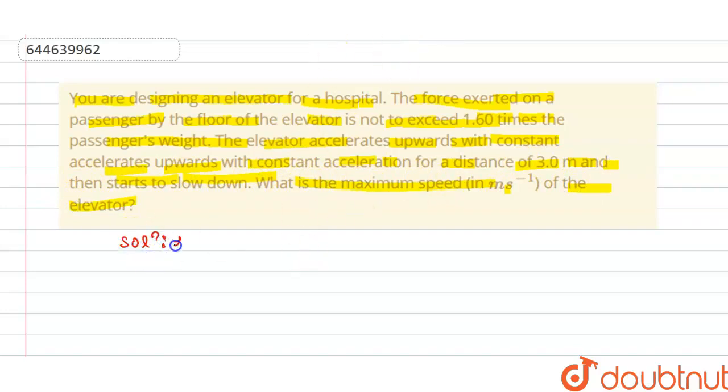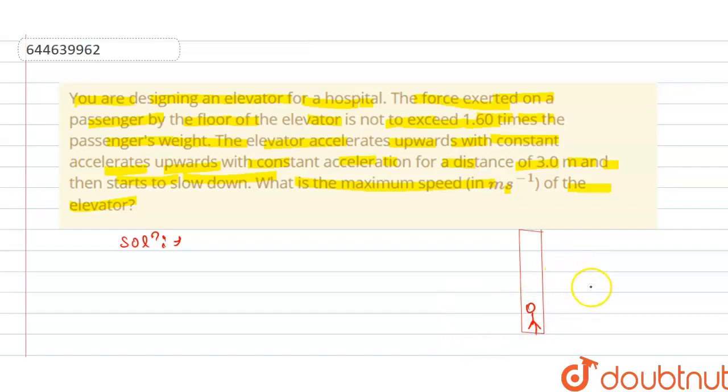So the solution of this question is, let us suppose this is our elevator here, and this is the man.